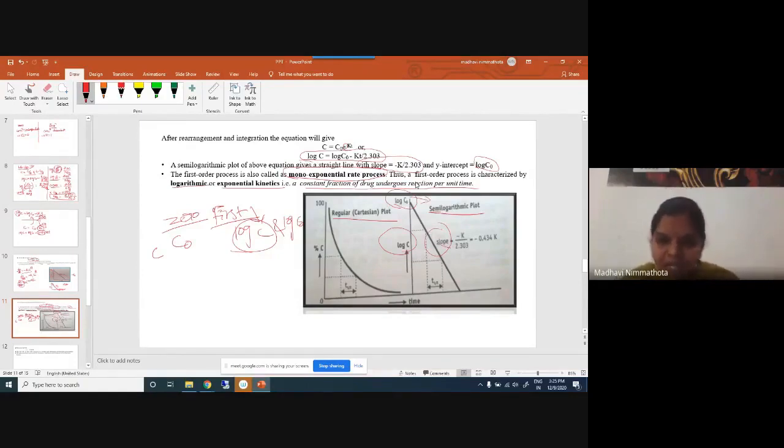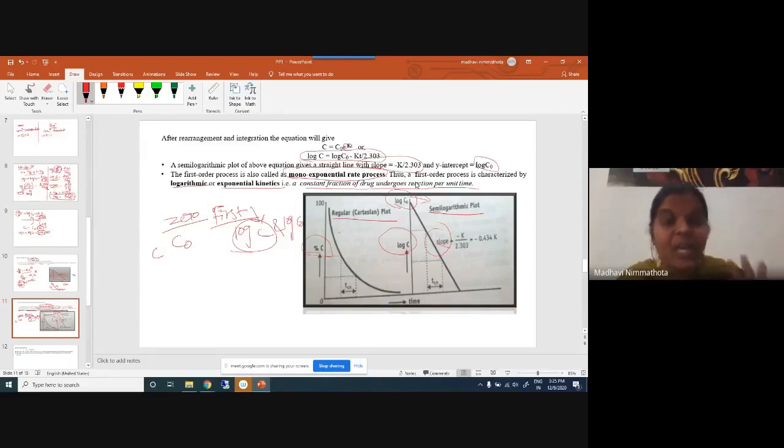And in case of a regular Cartesian plot, it will give the percentage concentration of drug in the plasma, not log C values. That will be given by your regular plot. So that is the major difference between the regular plot and the semi-logarithmic plot. The semi-logarithmic plot gives you log C and log C naught values.